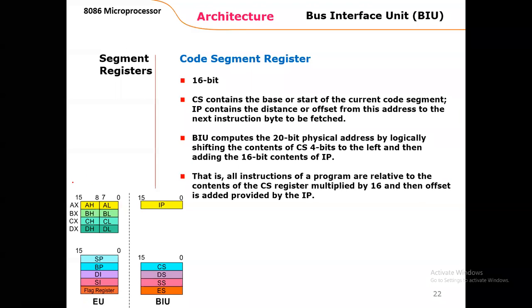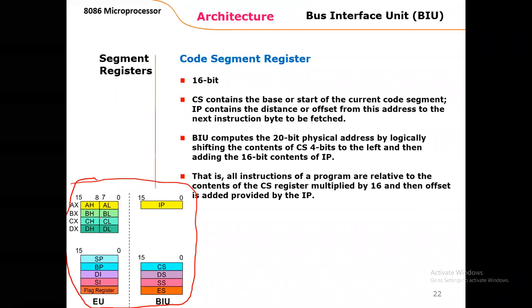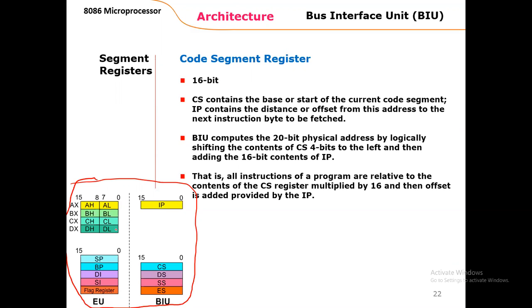So this is your register architecture. If your question is on register architecture, then discuss this part. Bits 0 to 7 are the lower order, and 8 to 15 are the higher order. If you use AX, then it is 0 to 15.